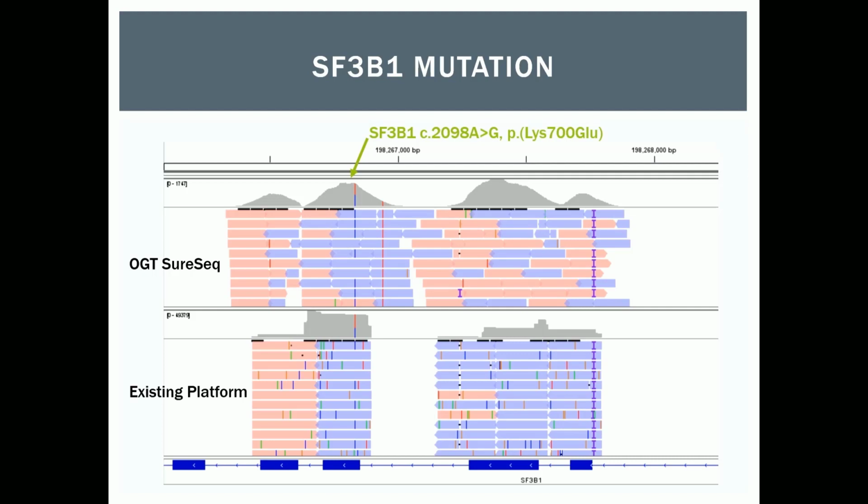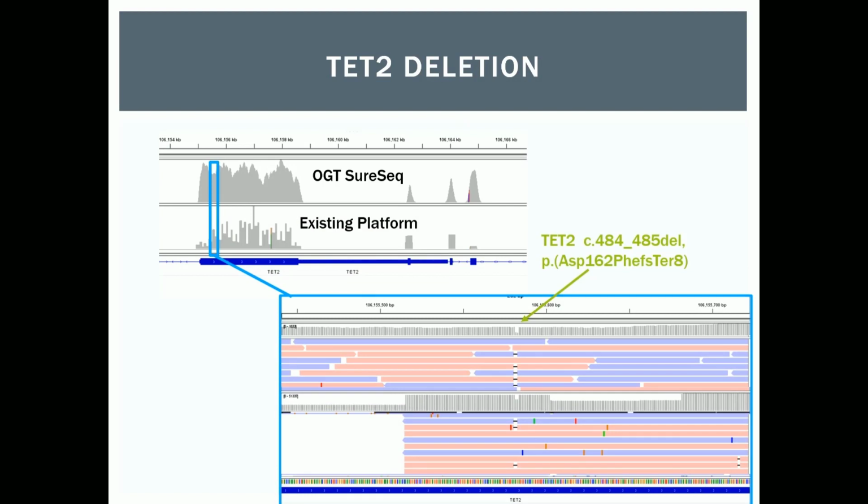You will note relatively uniform coverage of the SF3B1 exonic regions using SureSeq compared to the other chemistry, which seems to have high coverage in some exonic segments and low coverage in others. Here is another example of a variant detected well by both platforms.